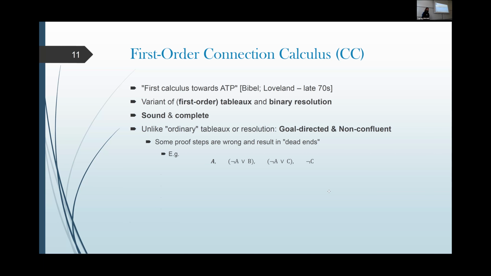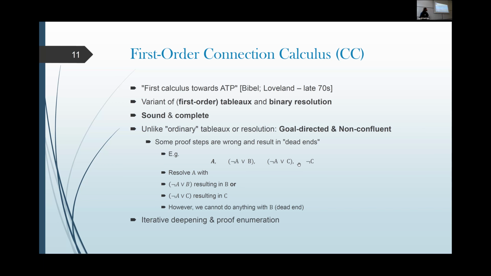Giving an example here, using binary resolution to make it easier: if you have these four clauses, two of them are units, and we resolve A with the first one, we end up with B, whereas if we resolve A with the third clause, we end up with C. With C we immediately get a conflict by resolving it with the negation of C, but if we get B and are required to do something with this B, then we get stuck.